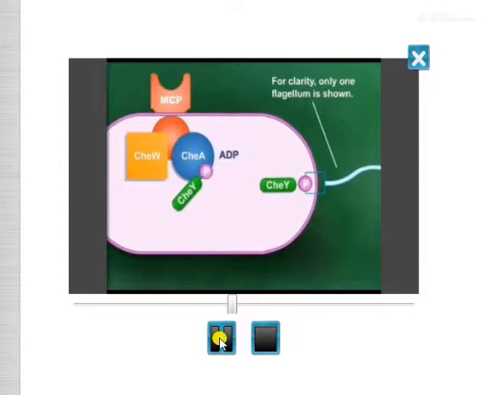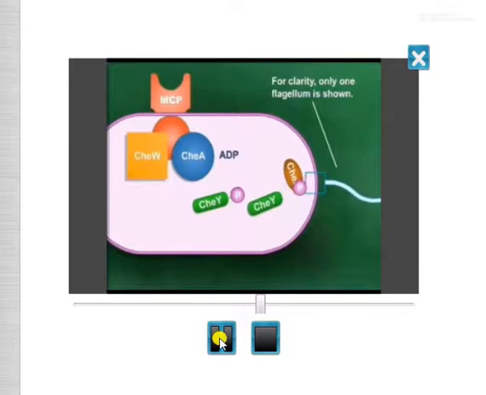CheW is an adapter protein, mediating communication between receptors and CheA. The phosphate on CheY is continually removed by CheZ. The short lifetime of phosphorylated CheY means that the bacterium is very responsive to changes in attractant concentration.